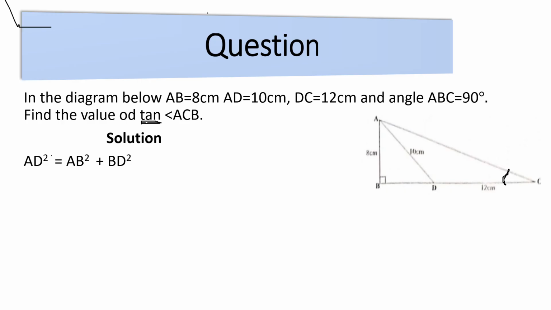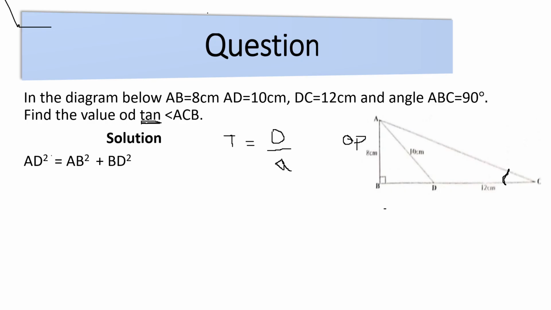Tan theta is equal to opposite over adjacent. In this case, we need to identify which one is our opposite. Our opposite will be this line here, which is 8 cm.